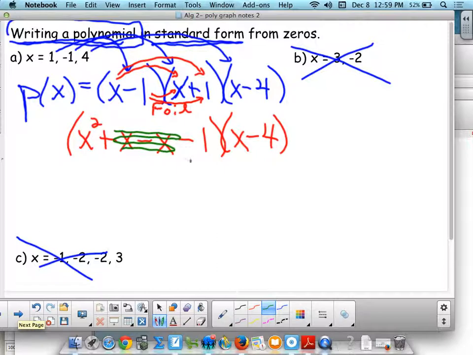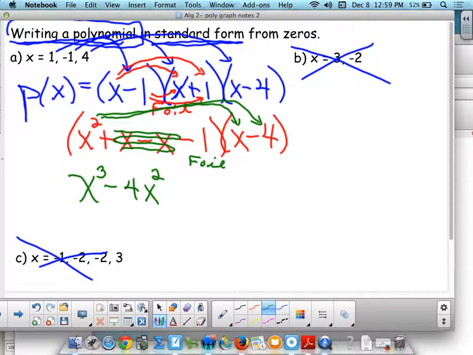Foil it. What's x squared times x? X cubed. X squared times -4. Yep. How about -1 times x? How about -1 times -4?